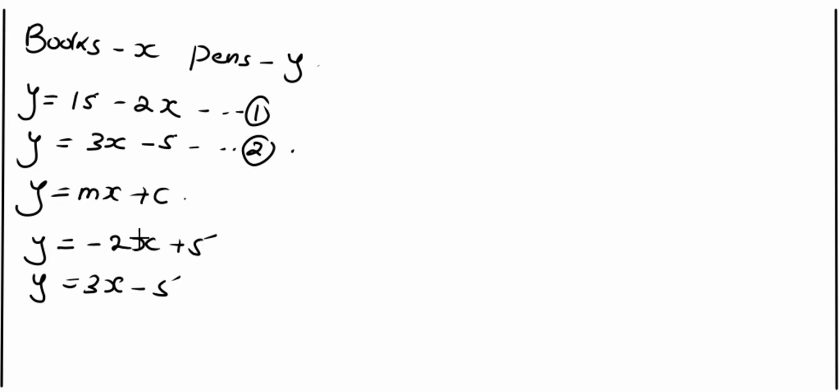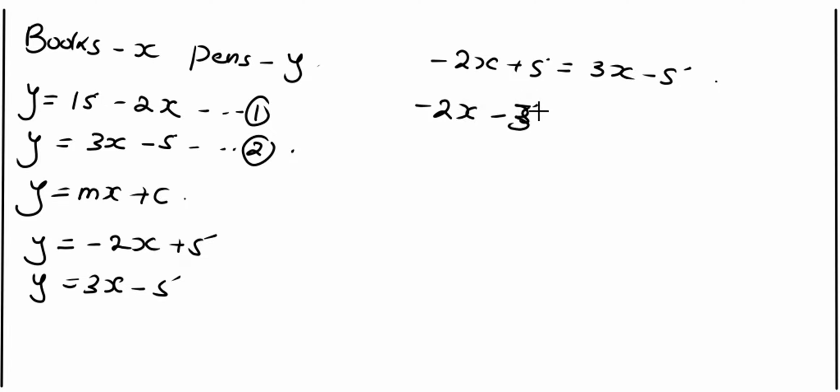The next step is to do the comparison on this right side. We now take minus 2x plus 15 is equals to 3x minus 5, like that. So now from there, I can group the like terms together, and it will be minus 2x. Then I take this 3x on the other side, it will be minus 3x is equals to minus 5.